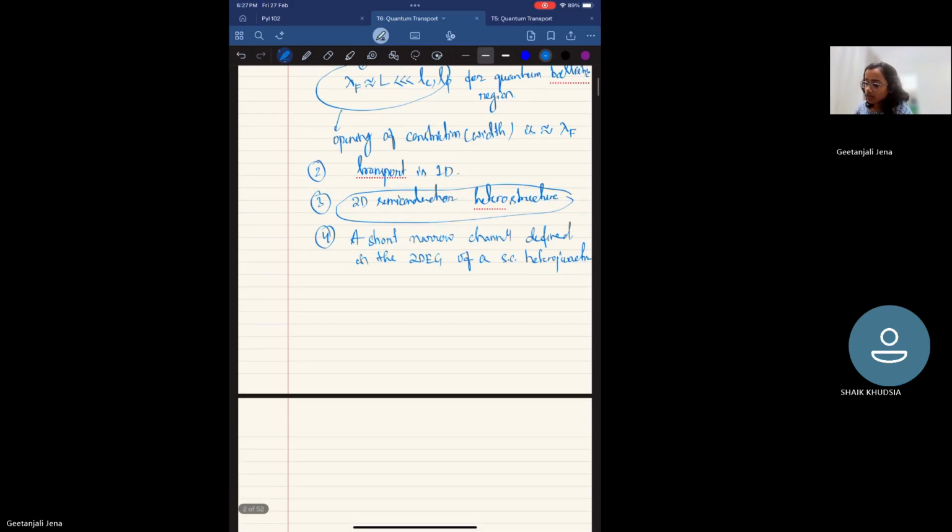As we vary the width of the system, the subbands present in the system pass one by one through the Fermi energy. Because of this, we will see a step-like variation of resistance or conductance.